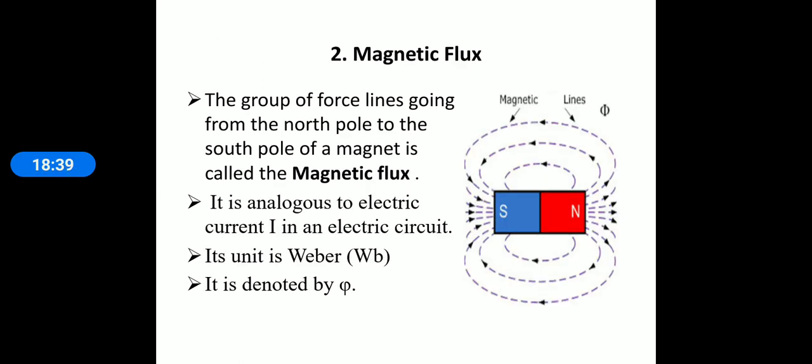Then the second magnetic quantity is magnetic flux. Magnetic flux is denoted by phi. The unit of magnetic flux is Weber, Wb, and magnetic flux is defined as the total number of lines of force in a magnetic field.